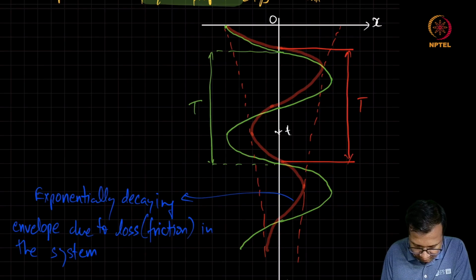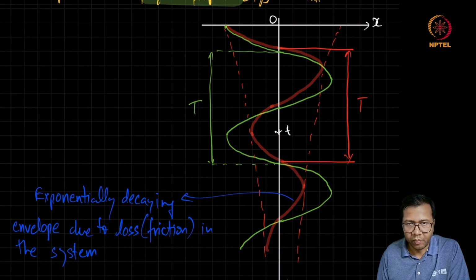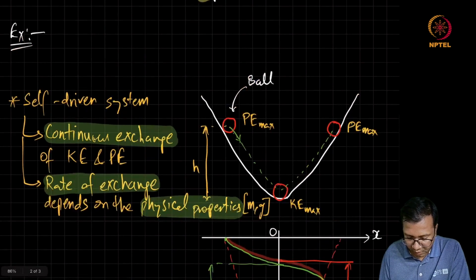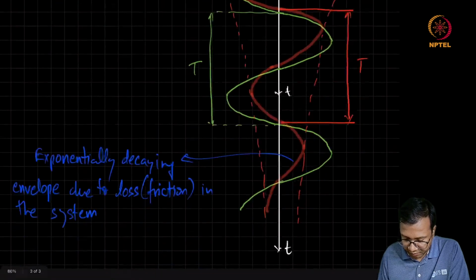But the period is still going to be same. It is not going to change because of the loss. It will only be dependent on the physical properties, in our case, the M and G present in the system.